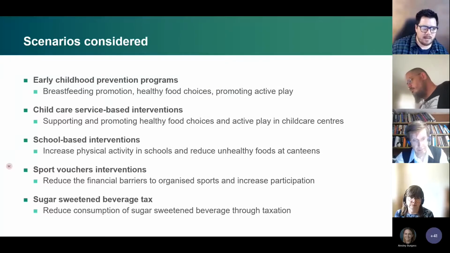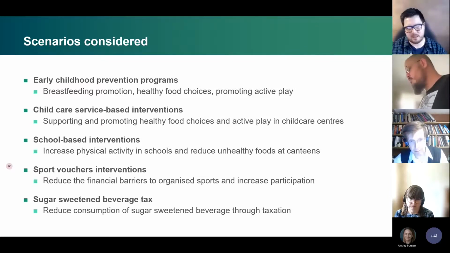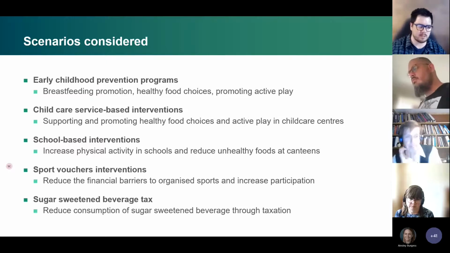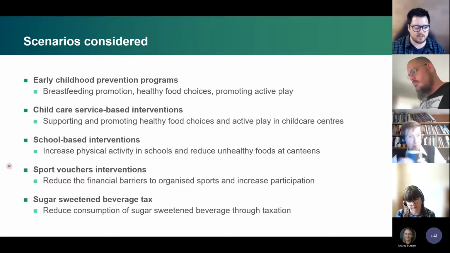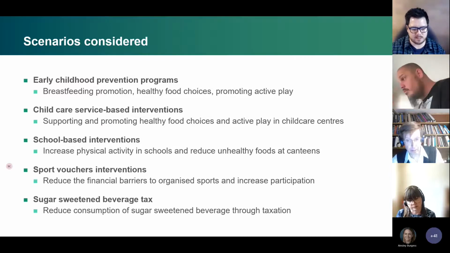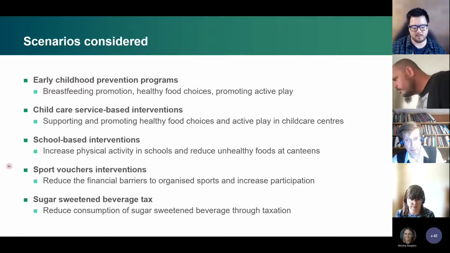We were looking at how early childhood prevention programs, such as breastfeeding, healthy choices in infants and promoting active play, interact with overweight and obesity, as well as interventions in childcare services, interventions in school services, such as increasing sport and organized activity, to see how they would change childhood overweight and obesity, and then again the sugar sweetened beverage tax, which was structured very similar to how Bryce and Nate had structured their sugar sweetened beverage tax.